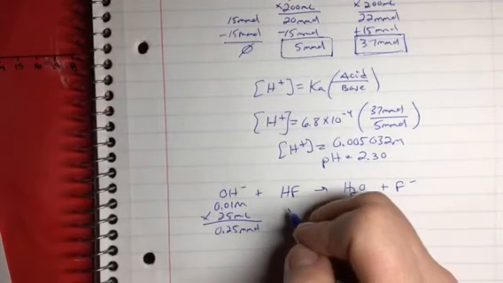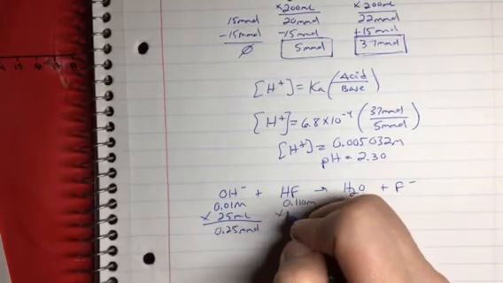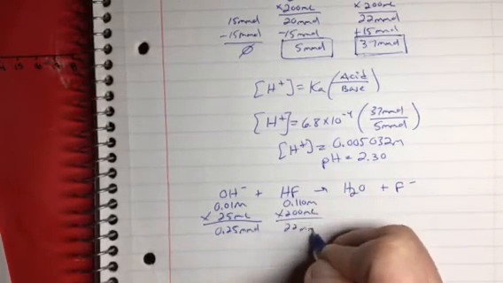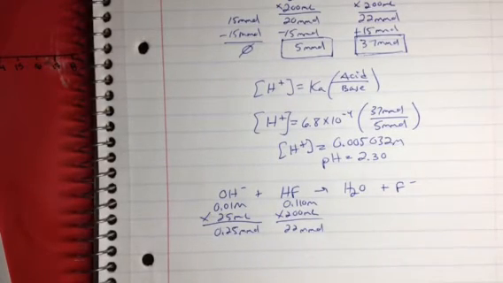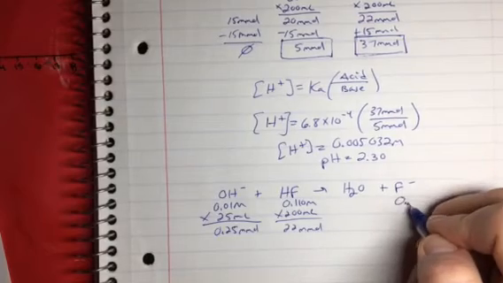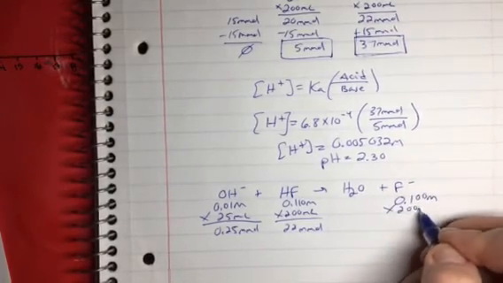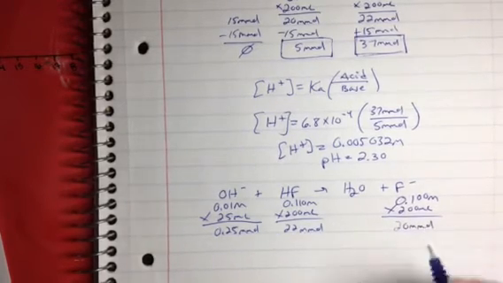And the HF is 0.110 molar from the original solution, and there's 200 milliliters of it. So that gives us 22 millimoles of the HF. We don't worry about water. The F minus in the original buffer solution is 0.1 molar, and there's 200 milliliters. So that gives us 20 millimoles.